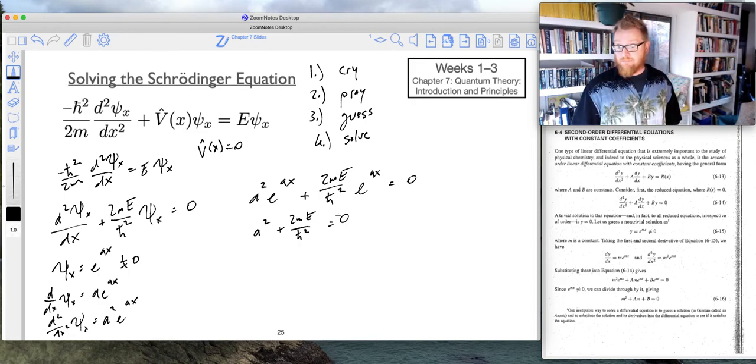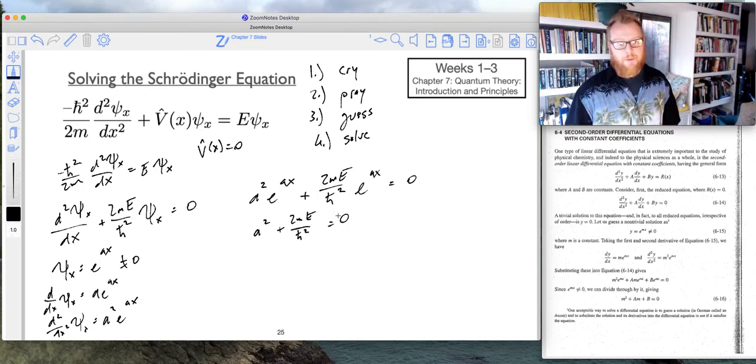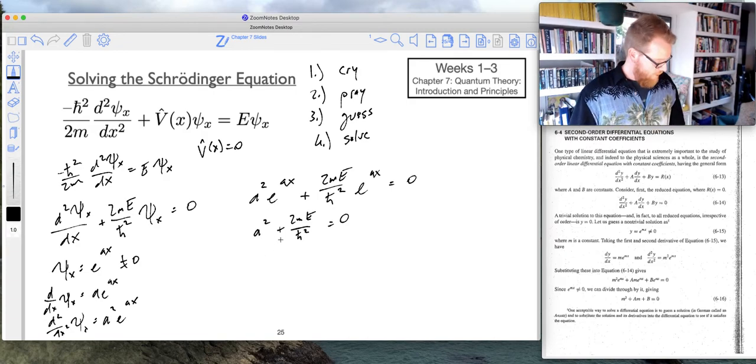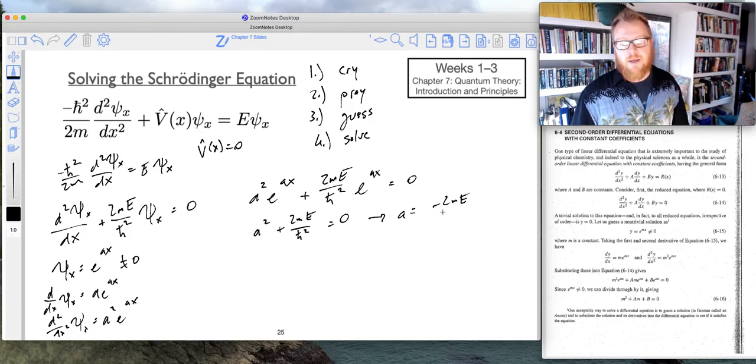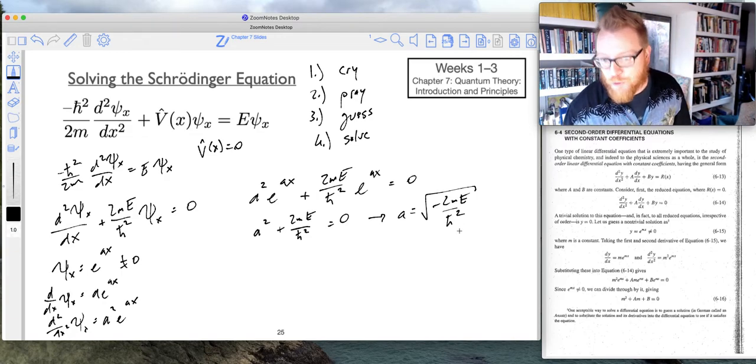And now I can inspect this, and I notice here that I don't need the quadratic formula to solve this, right? You might not have to use the quadratic, okay? And remember, 2mE over h bar squared, that's all constant, so I'm trying to solve for a, right? So a is going to equal the square root of negative 2mE over h bar squared, and this is going to be imaginary roots, right?